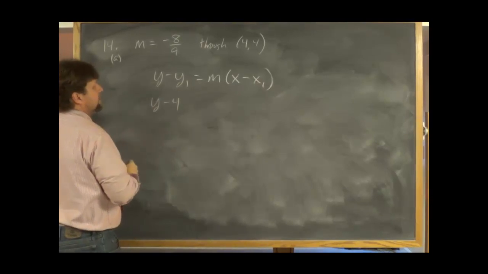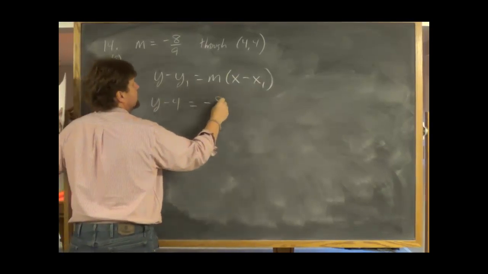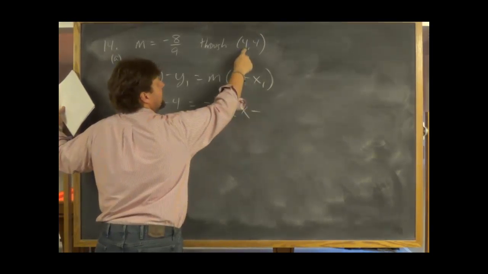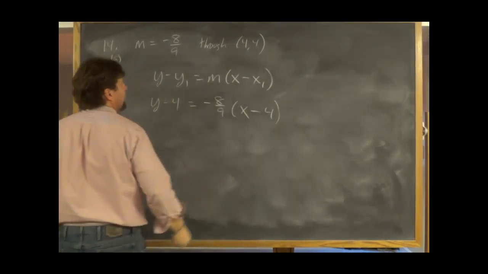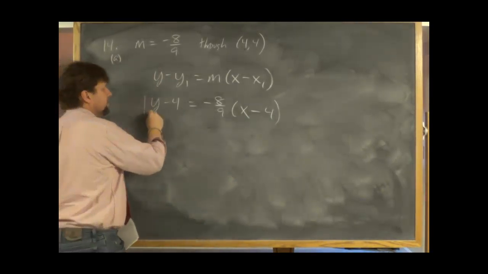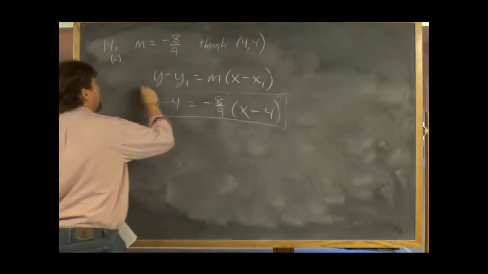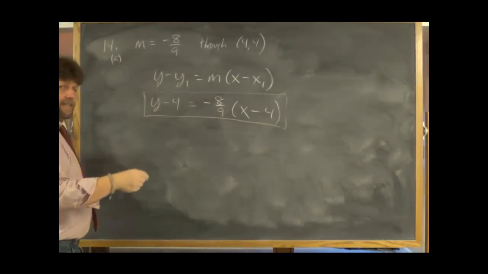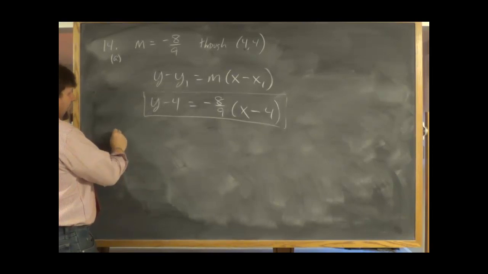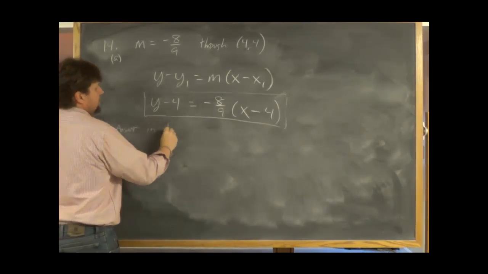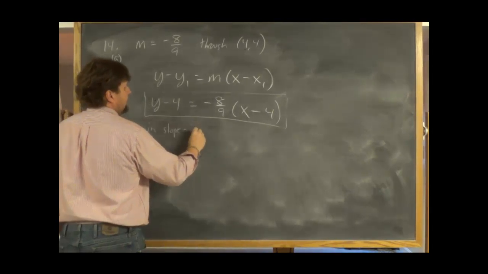So you have y minus 4 equals negative 8/9 times x minus 4, since x sub 1 is 4. And this is your answer in point-slope form. I want to extend this a little bit. What if I asked you to write your answer in slope-intercept form?